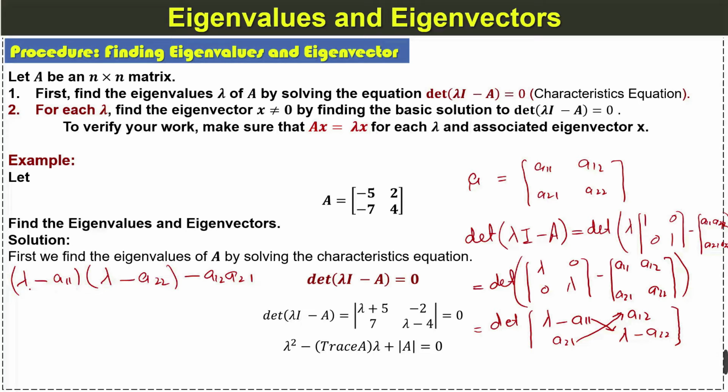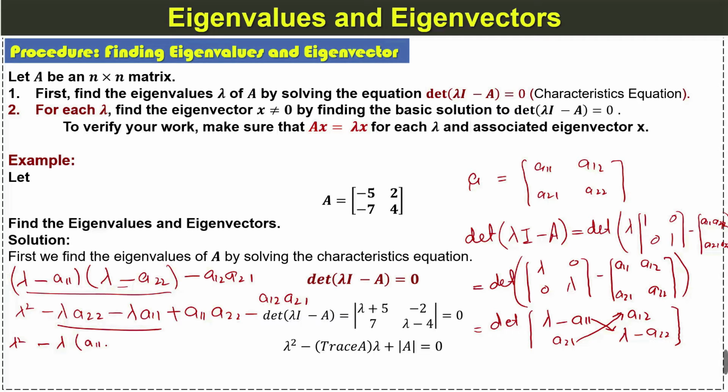Again, multiplying these out: lambda square minus lambda A22, minus lambda A11, plus A11 A22, minus A12 A21. We take lambda common from here, lambda times A11 plus A22, and rearrange the rest, plus A11 A22 minus A12 A21.